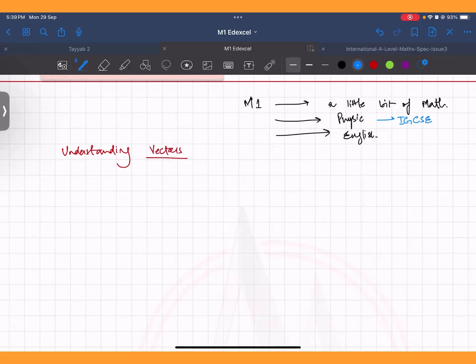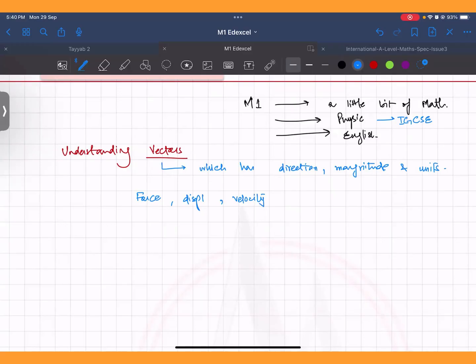First of all, a vector is a quantity which has three things: which has a direction, which has magnitude, and which has a unit. For example, force. Force is a vector quantity. Displacement is a vector quantity. And velocity is a vector quantity.